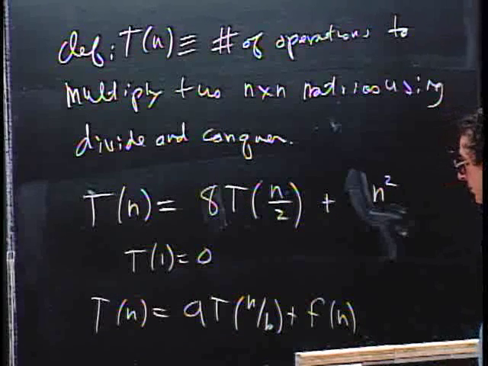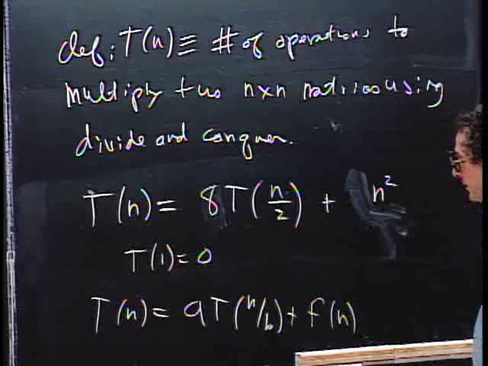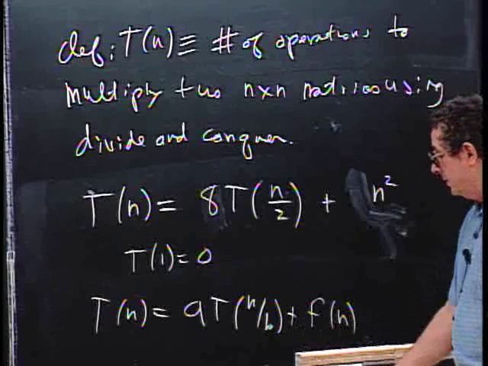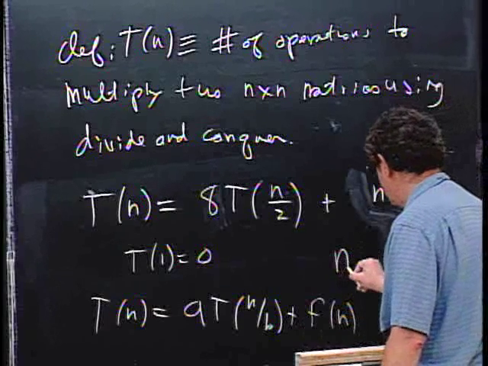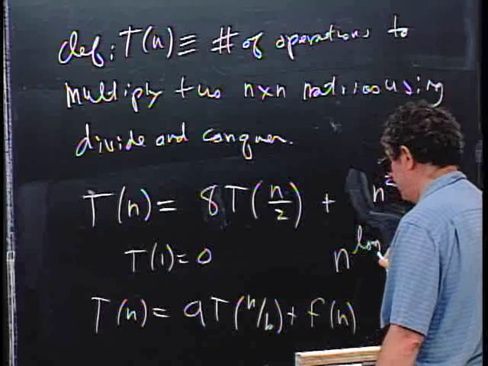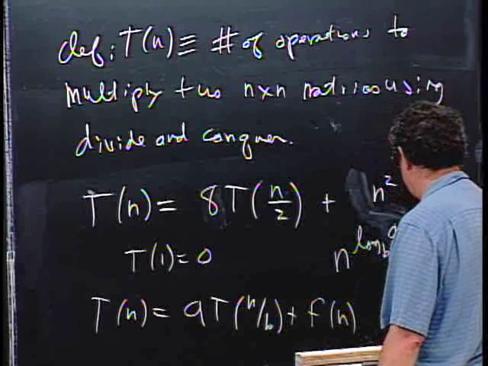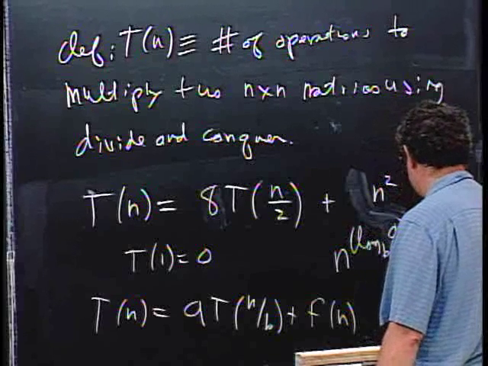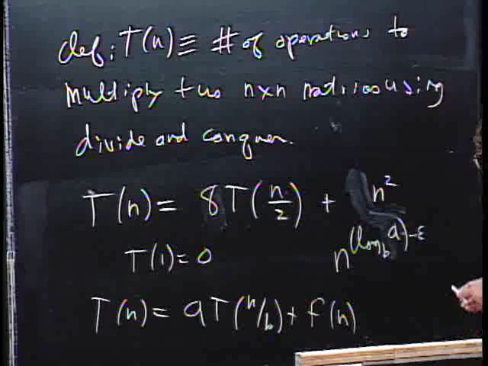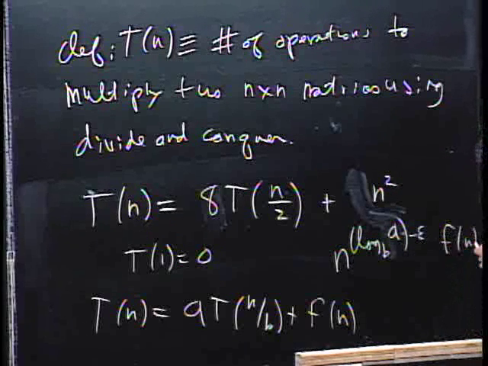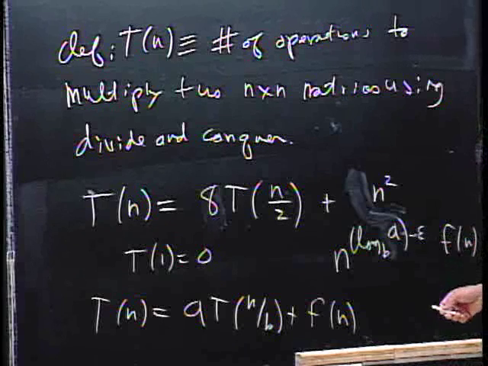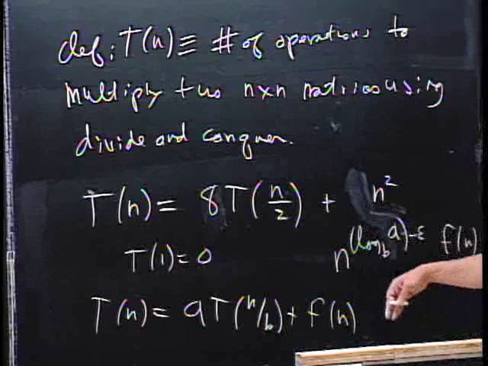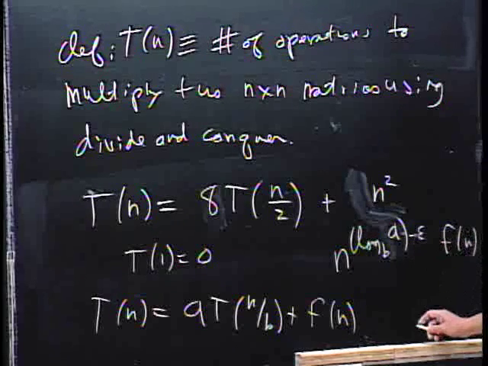And if you remember, the critical thing that you do in the master method is you form n to the log base b of a, and then you subtract a little epsilon there, and you want to compare that to f of n. So we're going to look at this particular one. How does this compare to f of n?